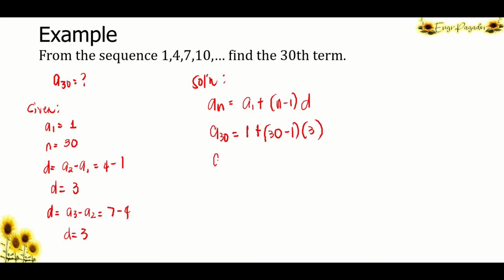So if we are going to compute this one on your calculator, you can pause this video and then input this equation to your calculators, and the answer for this problem will be equal to 88. So that is the 30th term of the given sequence.